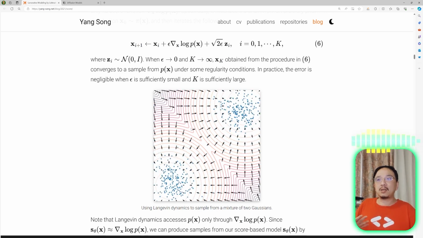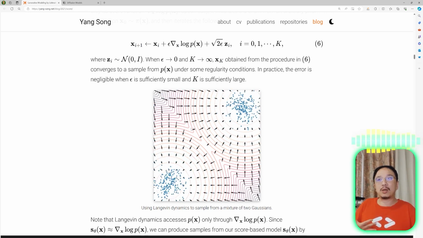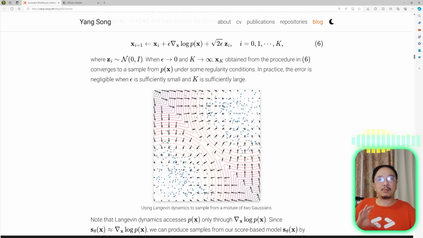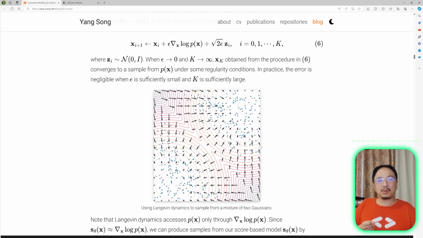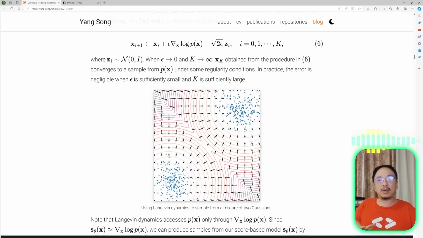So just like the gradient descent method, we are trying to use something like a gradient ascent method to maximize the probability by using the gradient information.